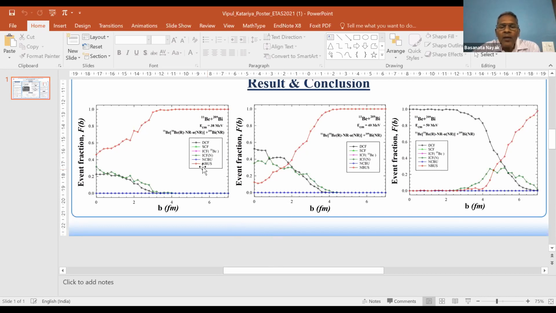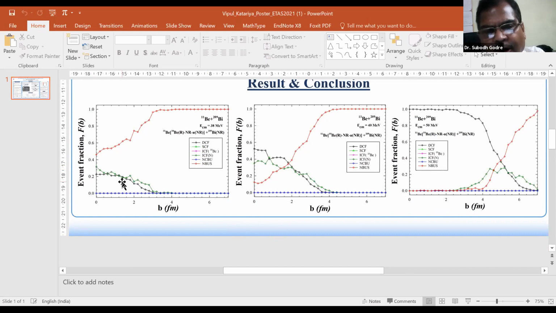Inside, you have beryllium-11. What are you detecting? Sir, we are just calculating, with the change of impact parameter, how the trajectories are resulting. Red is which trajectory? Red is NBUS, meaning no breakup scattering. No breakup scattering, that is elastic.